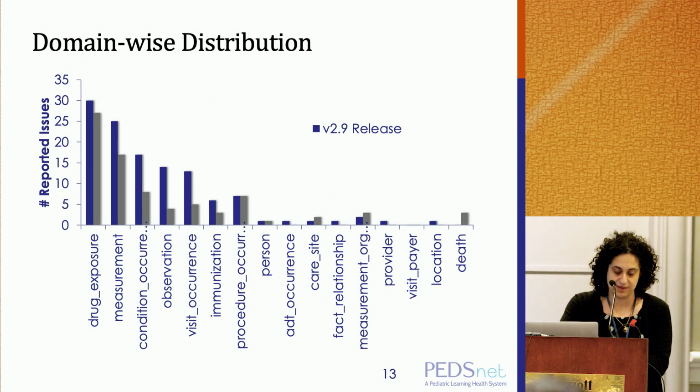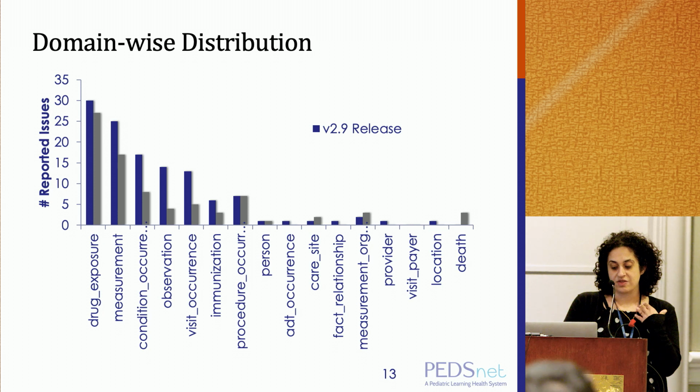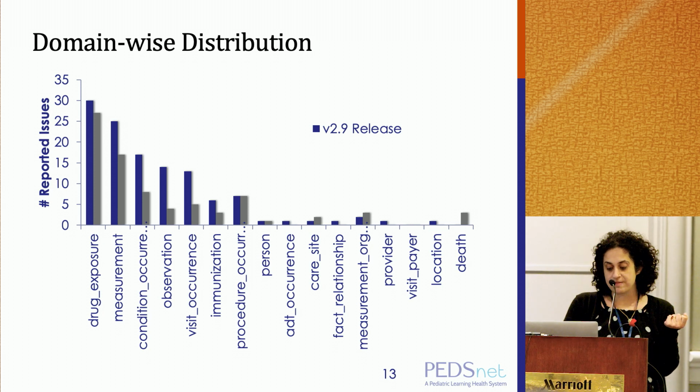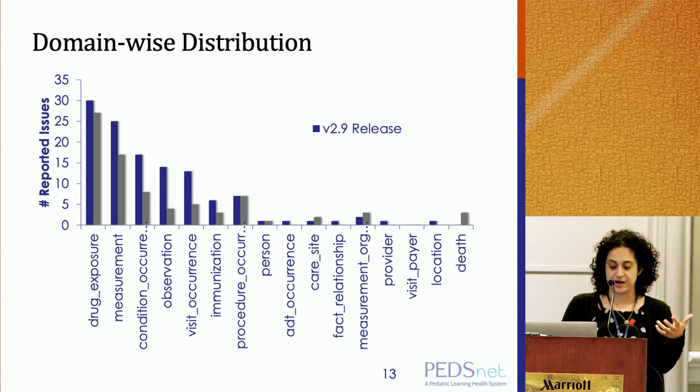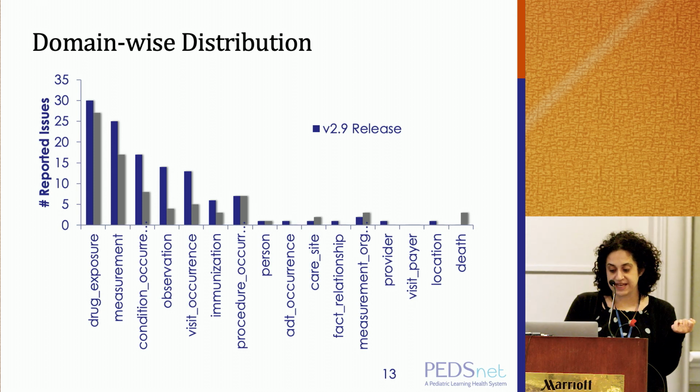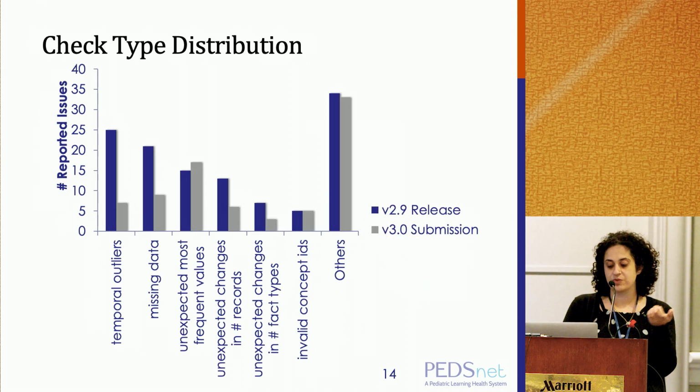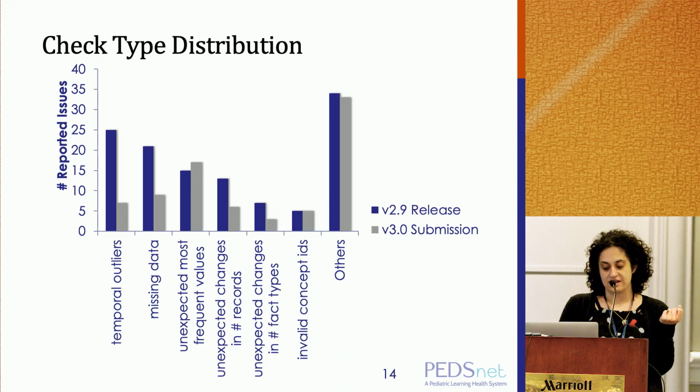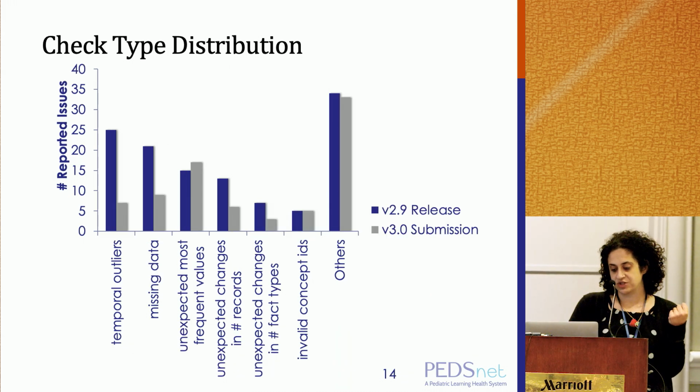R is the main program that we use for developing the checks. And then the output will all be in GitHub when we produce issues for people to respond to, for our sites to improve the ETL process, and then we try to rank data quality issues as they come up.